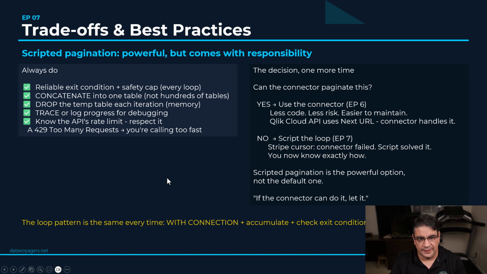Good. And again, with the connection, accumulation, and the loop conditions, these are all the pieces that you have to play with in your loop in your load script. Okay.